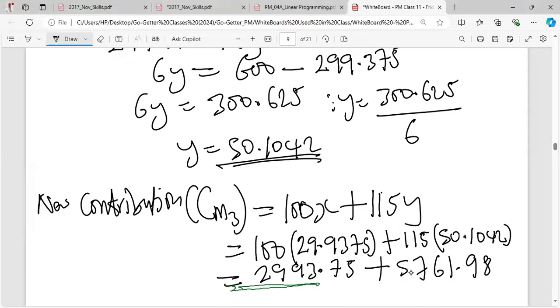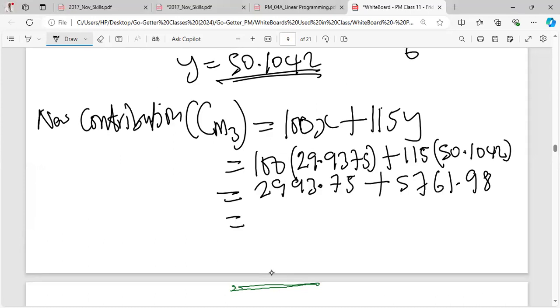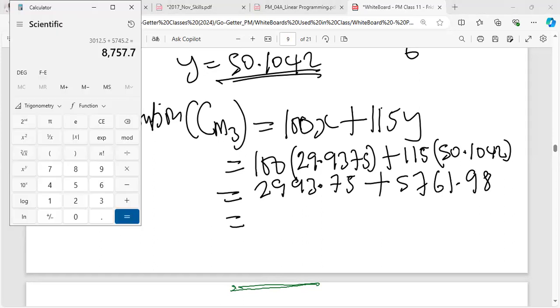All right, so when we add these together, what do we have? 2993.75 plus 5761.98.